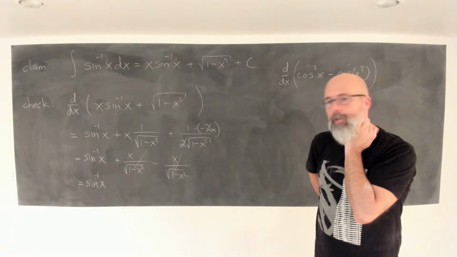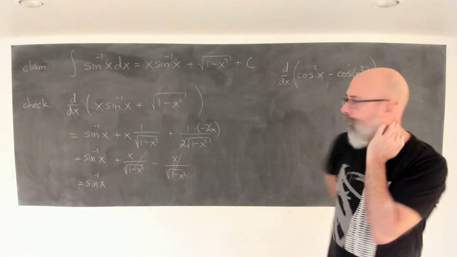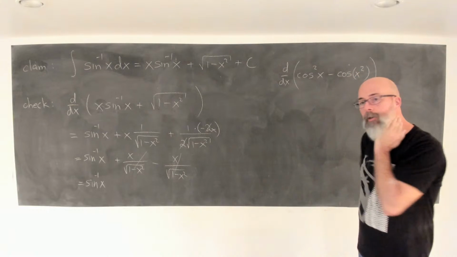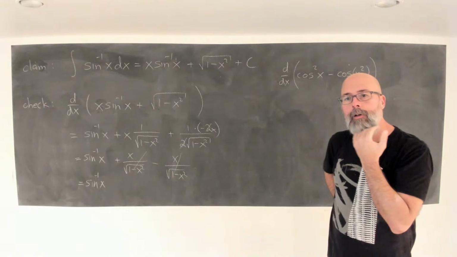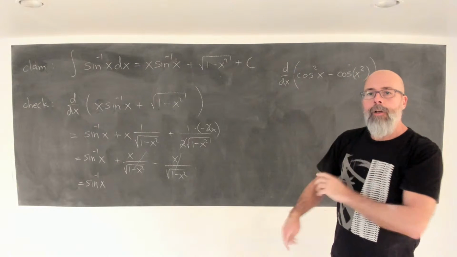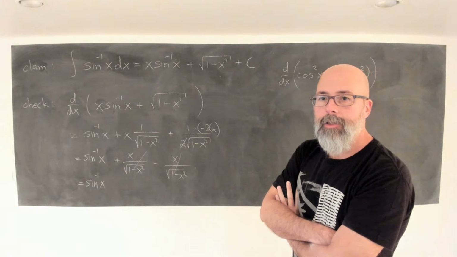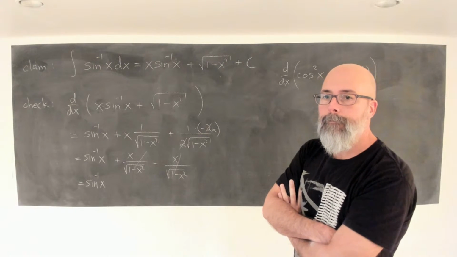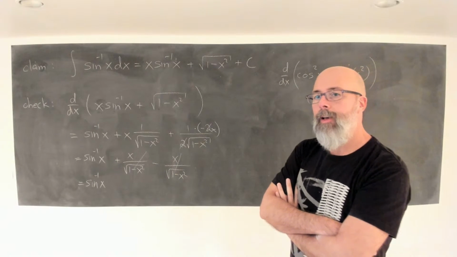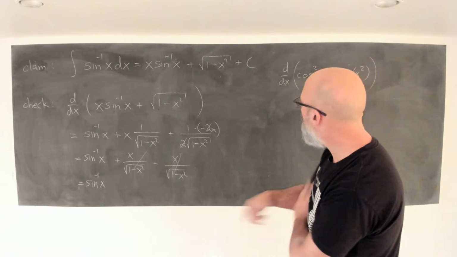Well, I mean, what's the difference between capital X and small x? I don't think there's a difference, right? If it was like arctan x, for arctan it would be different.